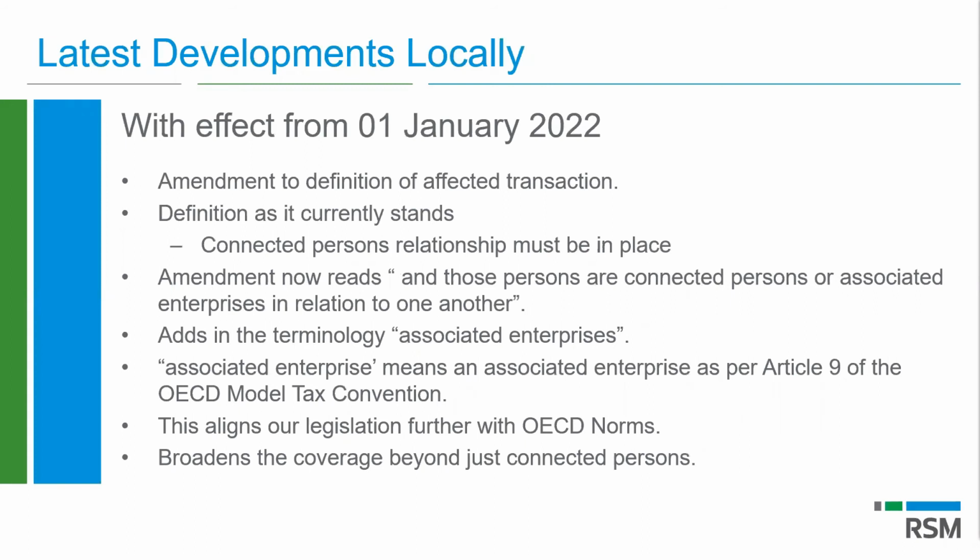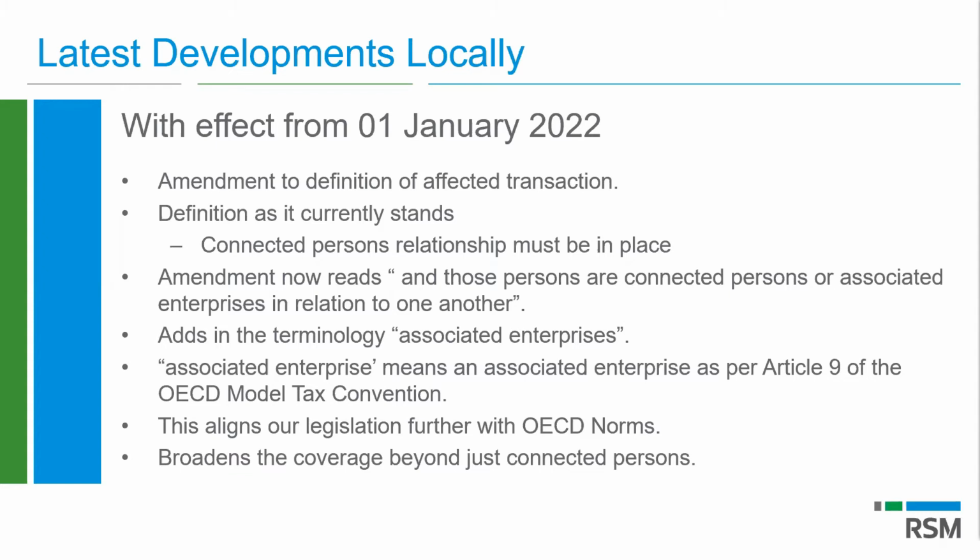So what are the local developments that we've seen within the South African legislation? The first one is a potentially significant one, in that it is an amendment that has become effective from the 1st of January of 2022. And that is an amendment to the definition of affected transaction.